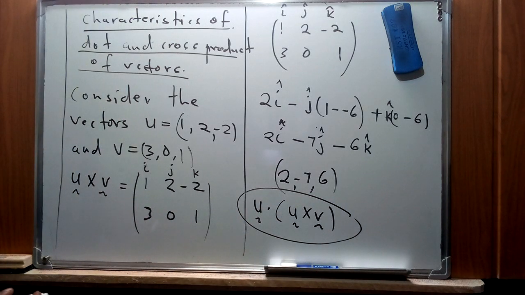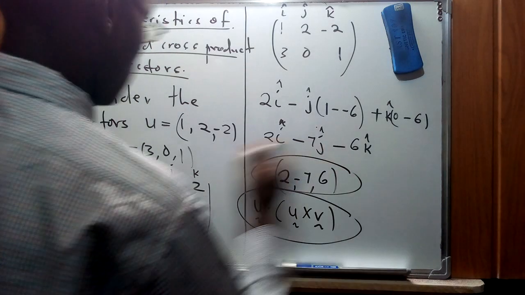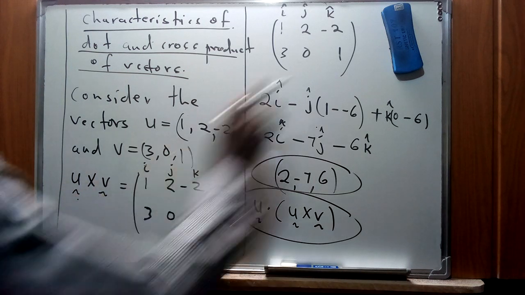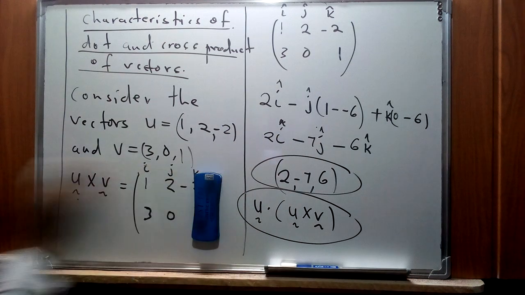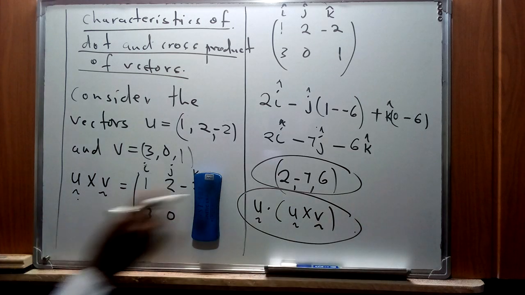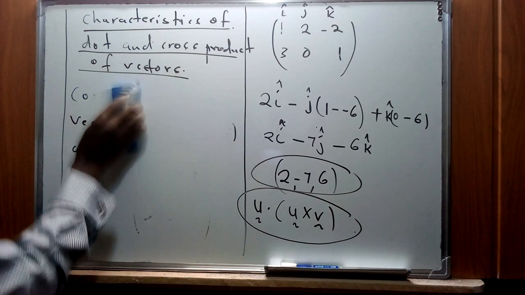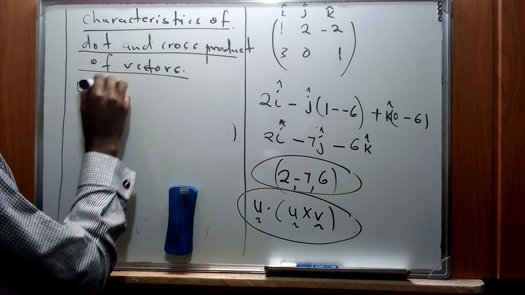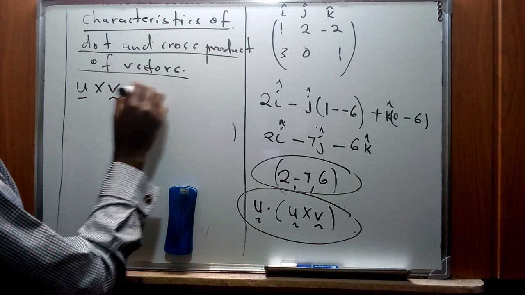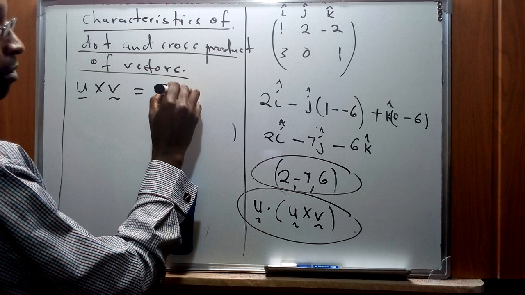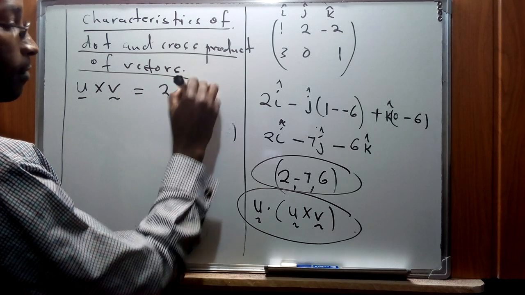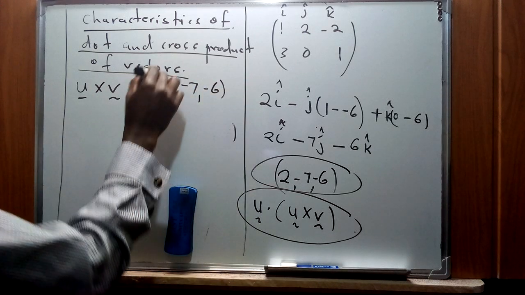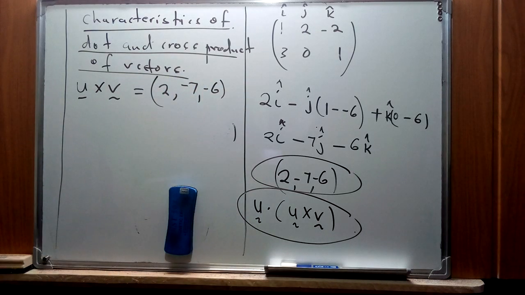I'd like us to keep this in mind: u cross v is giving us (2, -7, -6), just like that.